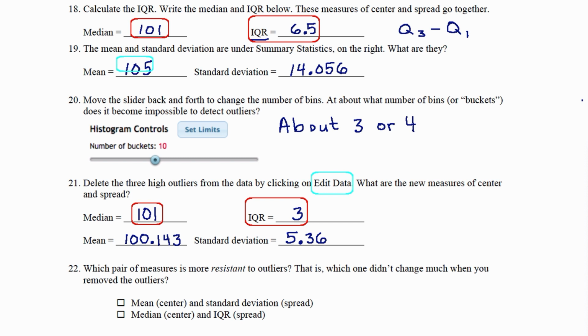My mean went from 105 down to 100, and my standard deviation went from 14 down to 5. So it does look like the mean and standard deviation as measures did change more than the median and IQR did. And that is what you will typically find to be true. So the ones that are more resistant to outliers are the ones that changed less. And that's where I would say the median and the IQR are more resistant. And that's always going to be the case.